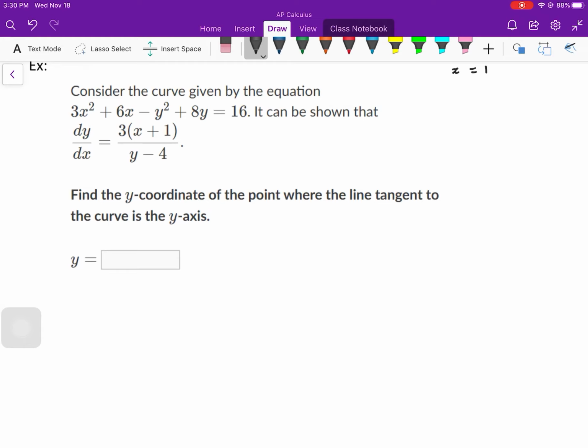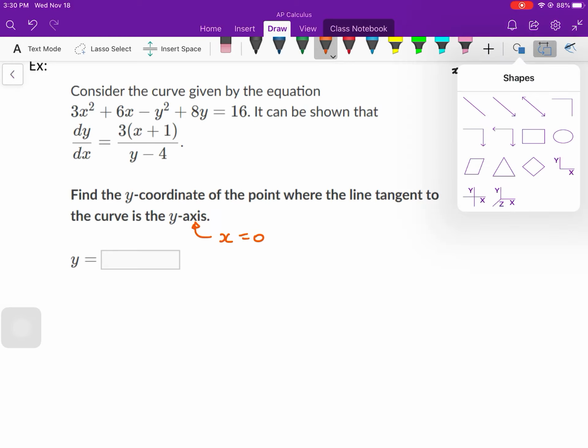Okay, now we're going to find the y-coordinate of the point where the line tangent to the curve is the y-axis. I want to point out the y-axis is the equation x equals 0. So we must pick a point in which x equals 0. If you think of x equals 0, the y-axis is a vertical line.